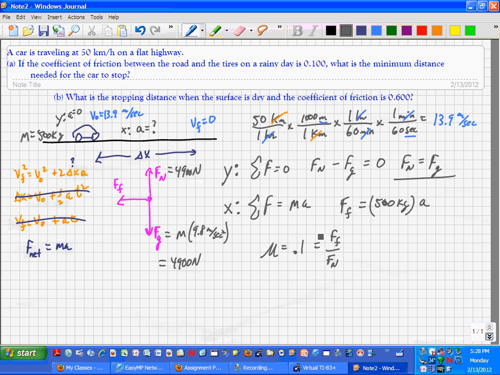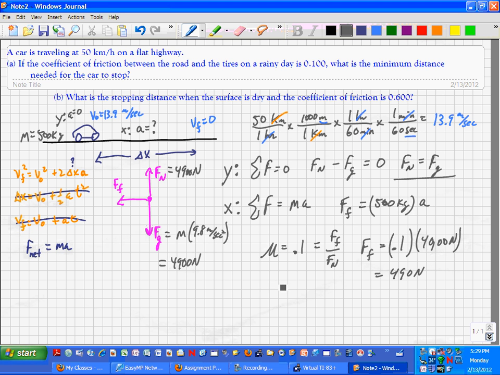Well, my normal force is 4,900, so that means the force of friction is going to be equal to 0.1 times 4,900 newtons, which is going to be equal to 490 newtons.